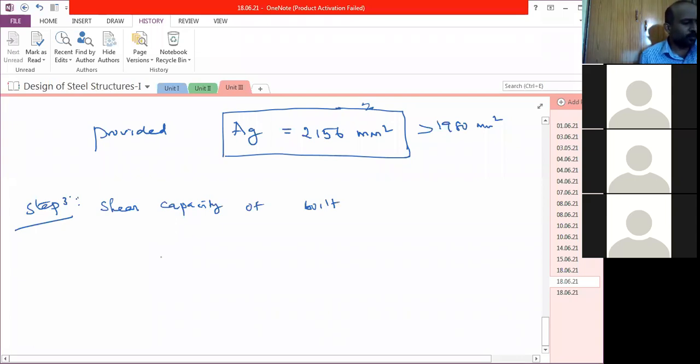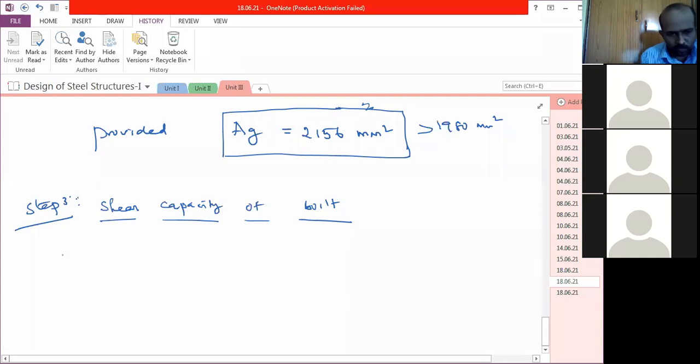So 20 mm bolt. So assume 20 mm diameter of the bolt. 20 mm is not mentioned in the problem. Let us assume the bolt diameter is 20 mm.